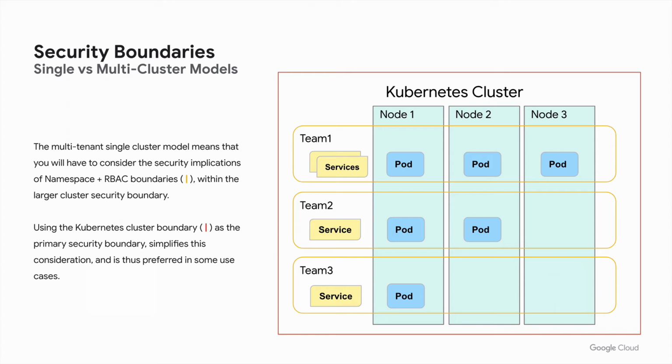Not to say that one is better than the other. And again, it depends on your use case and what you're trying to accomplish. If you want to use your resources really efficiently, namespaces might be a good option. If you care less about that and care more about a really simple, clean security boundary, maybe per cluster is a model that makes more sense.